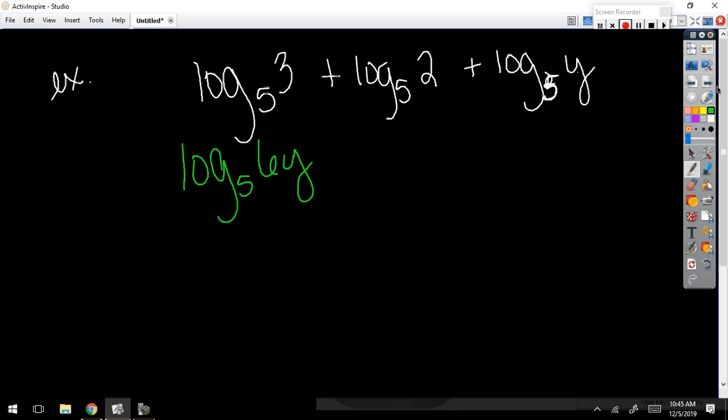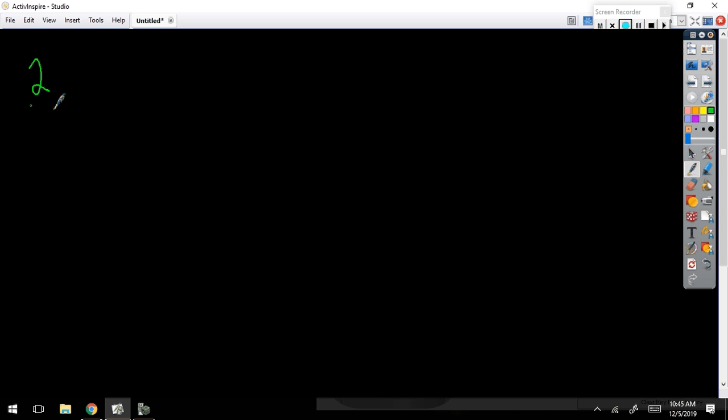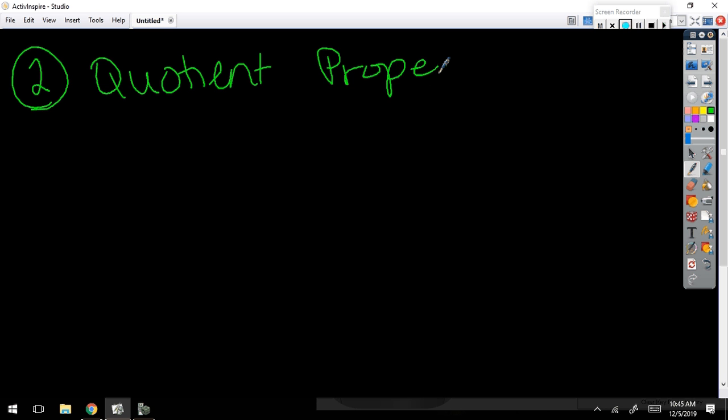All right, let's do number 2. Yes, second property. Quotient property. Quotient means divide.